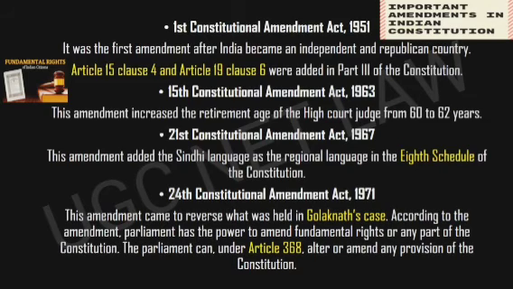Now the 21st Constitutional Amendment Act 1967. Again 21st, 2 plus 1 is equal to 3. You can take it double, it's 6, and 21st, 2 1, 6 plus 1 is equal to 7. That means 1967. Regarding what? The 8th Schedule. See, 67, 7, and 21, 1. 7 plus 1 is equal to 8, the 8th Schedule of the Constitution.